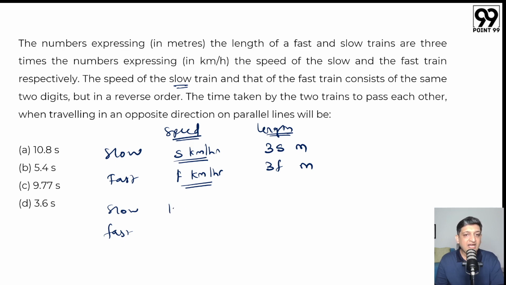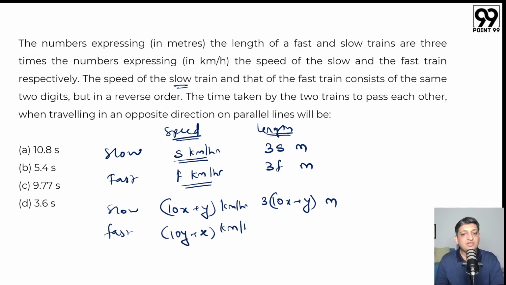The slow train will have the speed of 10x plus y kilometers per hour, which means that the length of the train is going to be 3 times 10x plus y meters. What about the fast train? The speed is going to be 10y plus x kilometers per hour, and the length will be 3 into 10y plus x meters. So this is what it will look like.